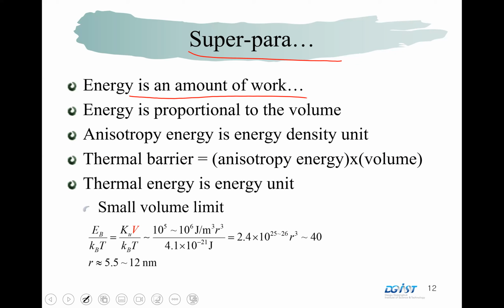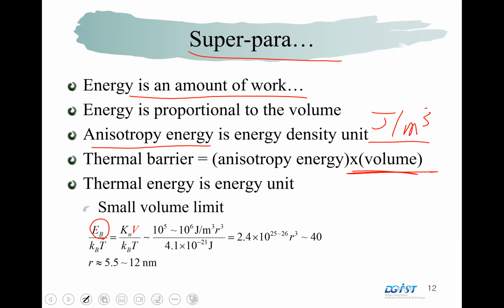Mass is the amount of the substance, but the density is the property of the materials, right? So don't confuse. For example, the anisotropy energy is an energy density, with the unit joule per meter cube. To make this energy density into the energy, we need to multiply by the volume.